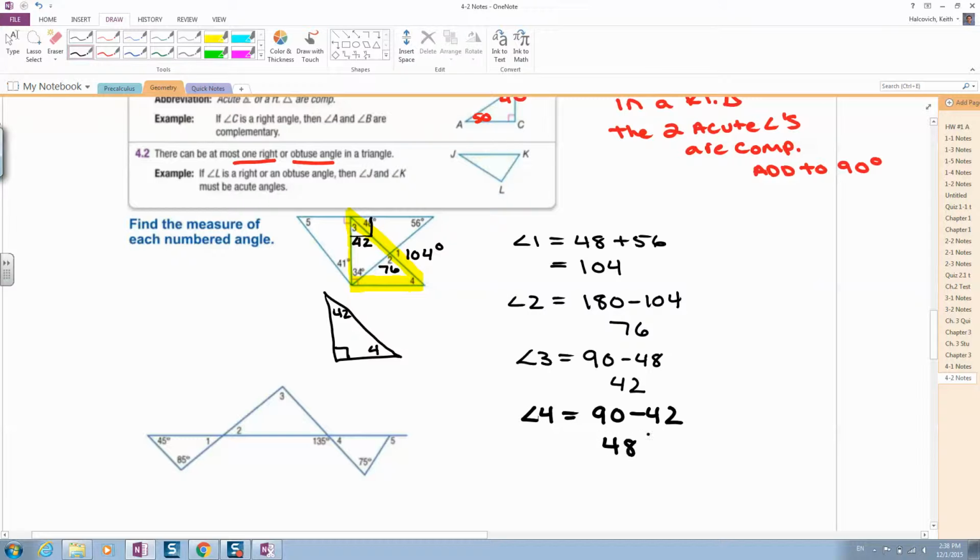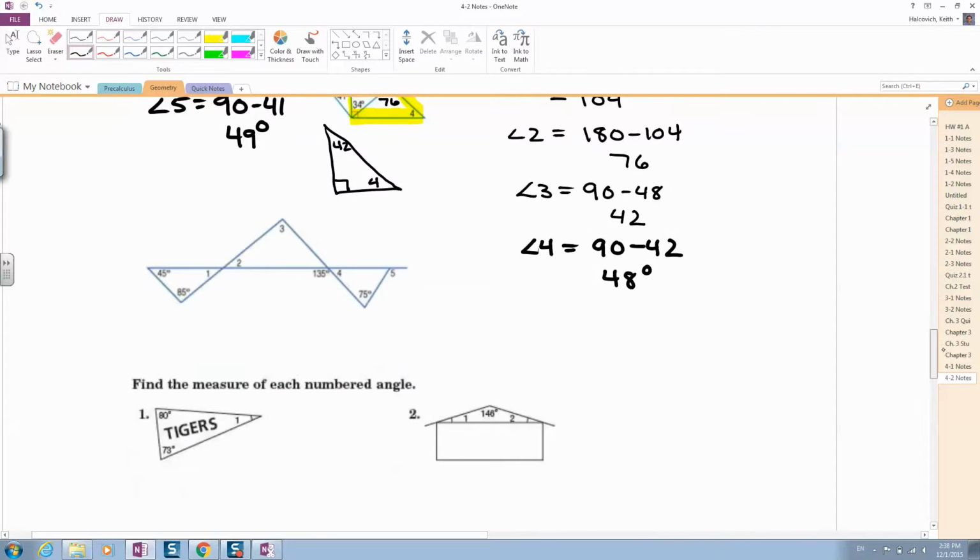So you know that's equal to 48. Angle 5, you could do the same thing. Angle 5 is equal to 90 minus 41, because this is a right triangle. So it's 49 degrees.